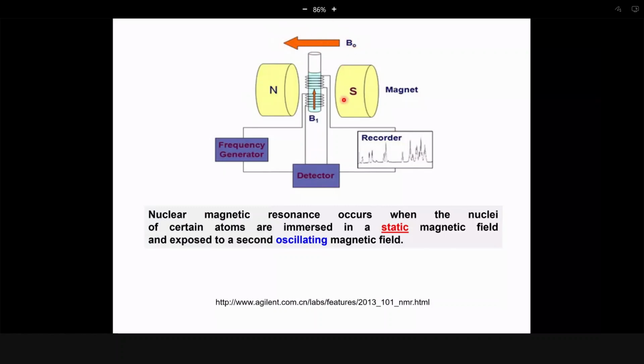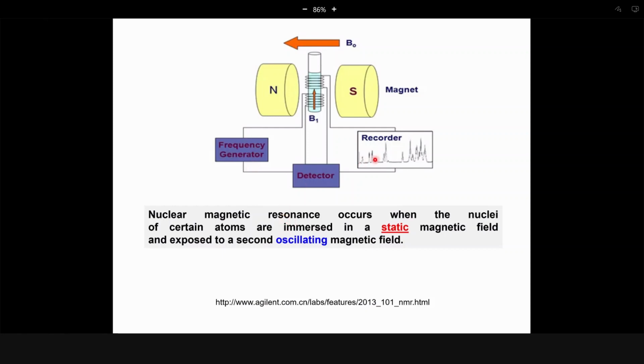And around the sample, we will have some electric wires which will generate the magnetic field B1, depending on the nucleus we want to detect. The computer will change the value, we choose the value, and then we can observe either the proton or the carbon-13, for example.